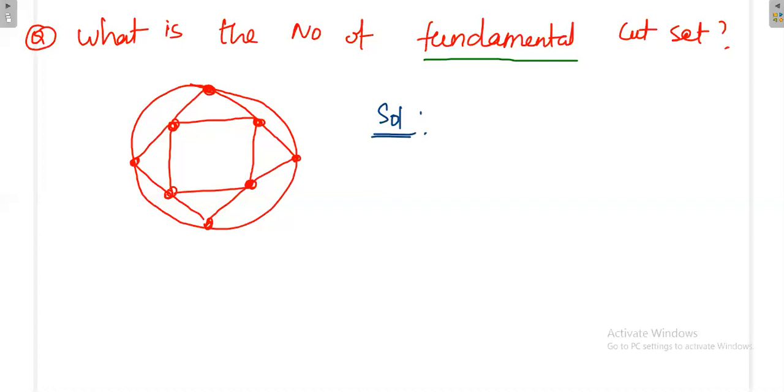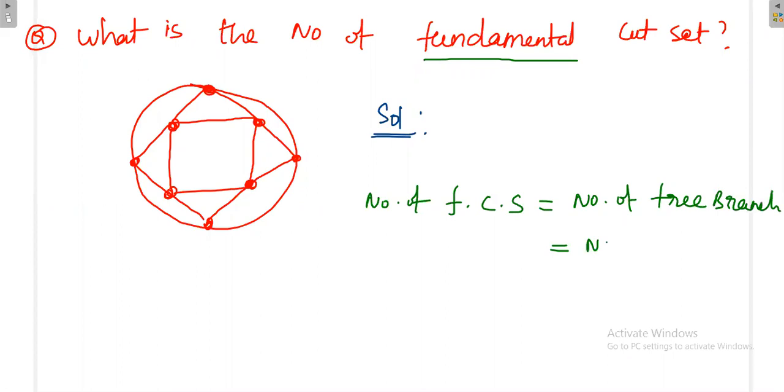The number of tree branches is also called the number of twigs. If there are n nodes, there will be n minus 1 tree branches. So what is the answer? How many nodes are there? 8 nodes are there. So 7 is the answer.